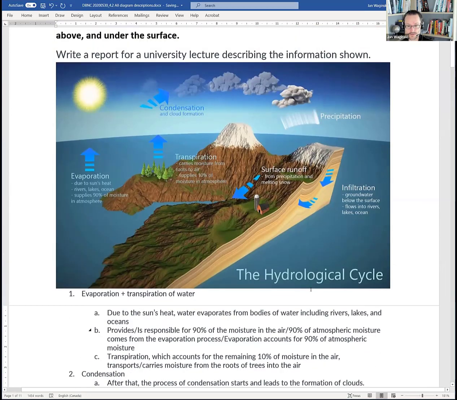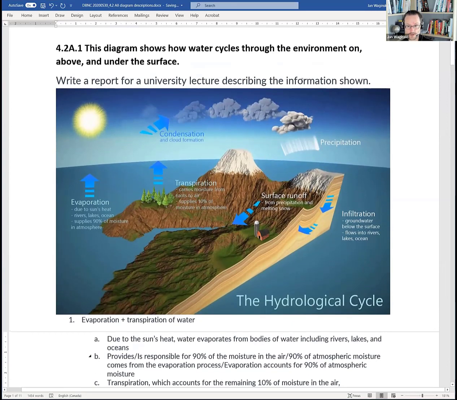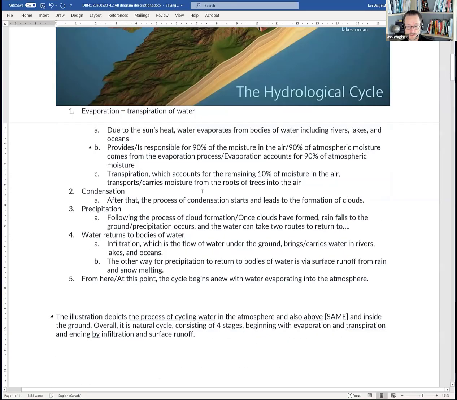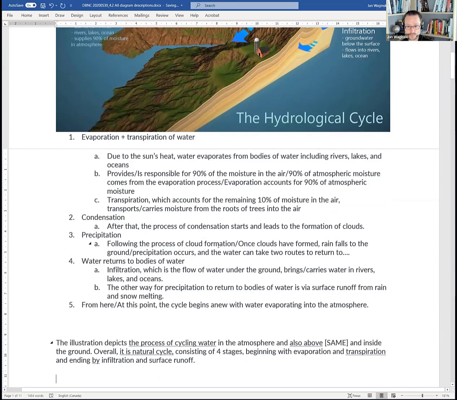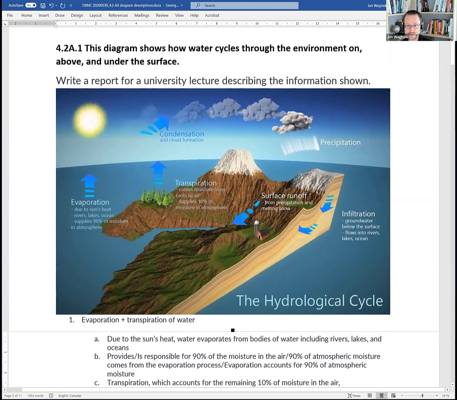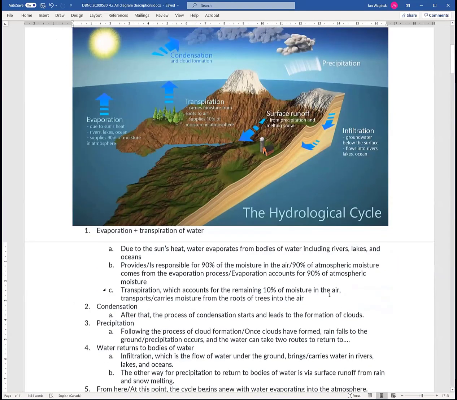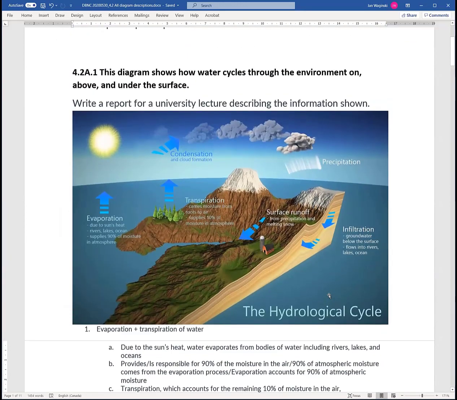They use the hydrological cycle, how water cycles through the environment.